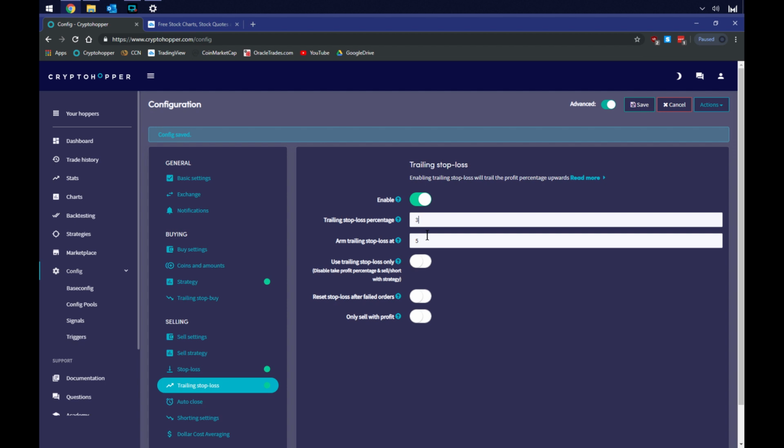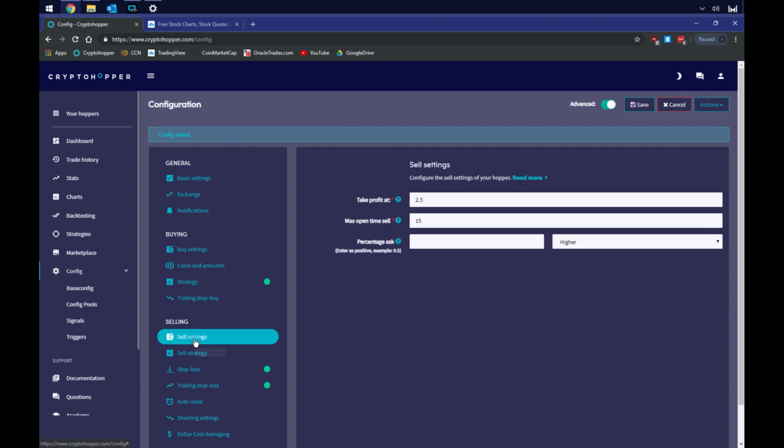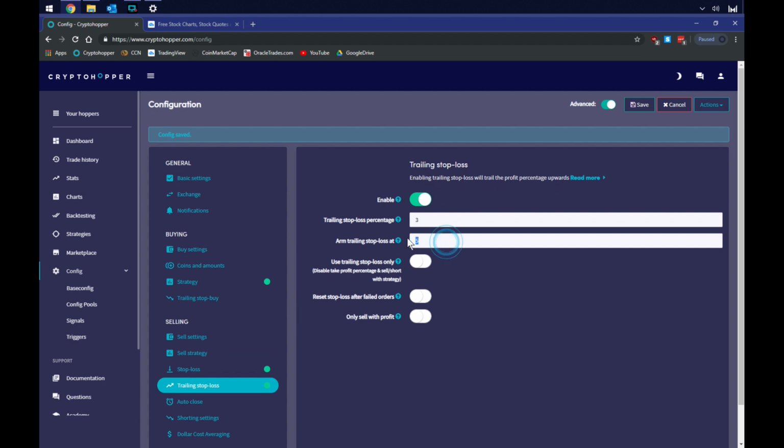However, if it then bounces back to 5, you've only materialized the 2%. Also, if your sell strategy or sell settings are to take a profit at 2.5, the 5 arm will never apply because you'll never get there because the sell will be triggered at 2.5. So just bear that in mind.